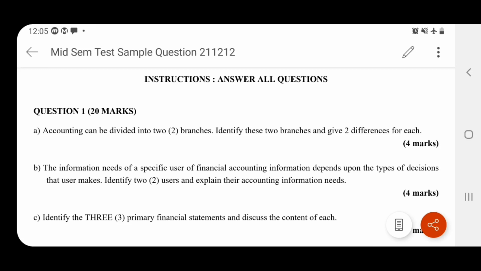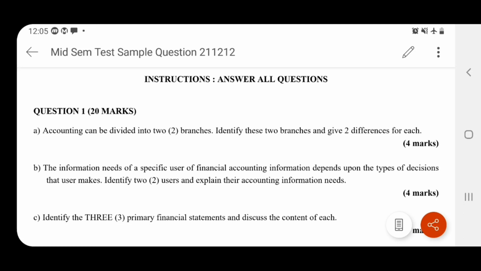Okay, another one, just to add one more difference so that you can understand more about the difference between financial accounting and management accounting. The third difference is in terms of accounting standard.